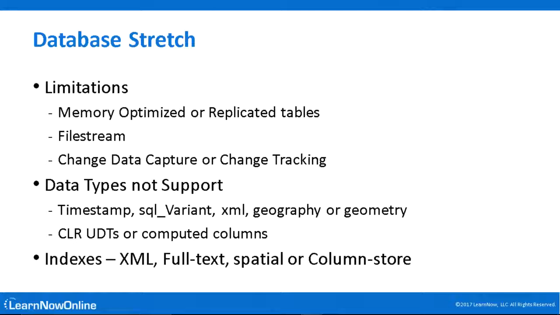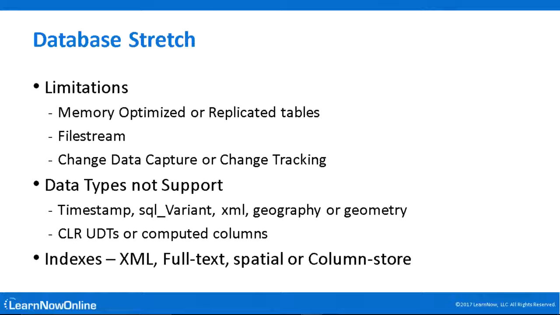If you're using full text, there's a lot of searching going on. You might look at something else like big data type applications in order to handle full text. Spatial is like geography and geometry, and of course you have your column store indexes, which speed things in data warehouses.